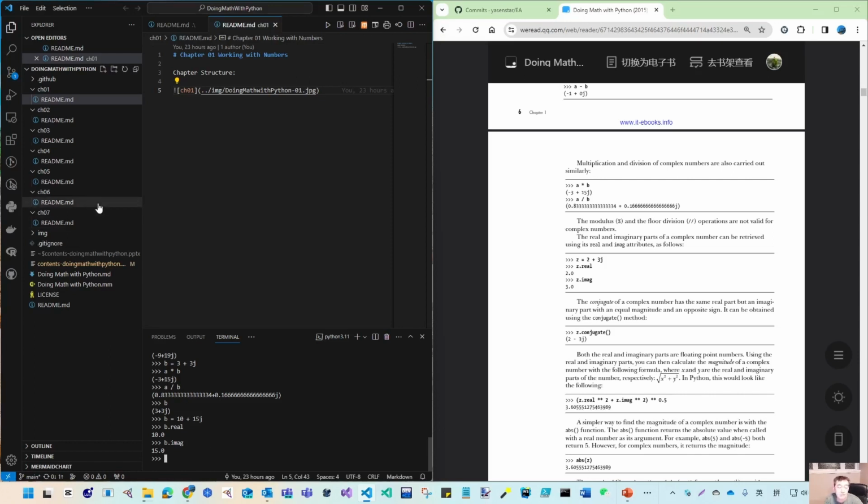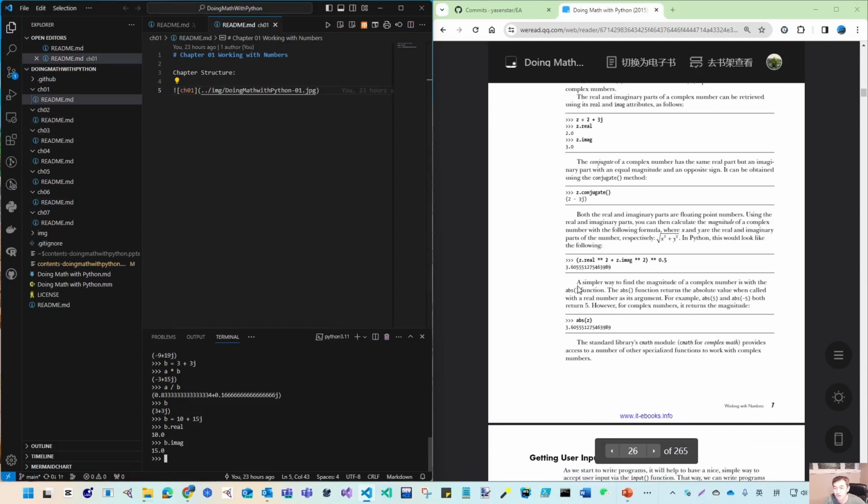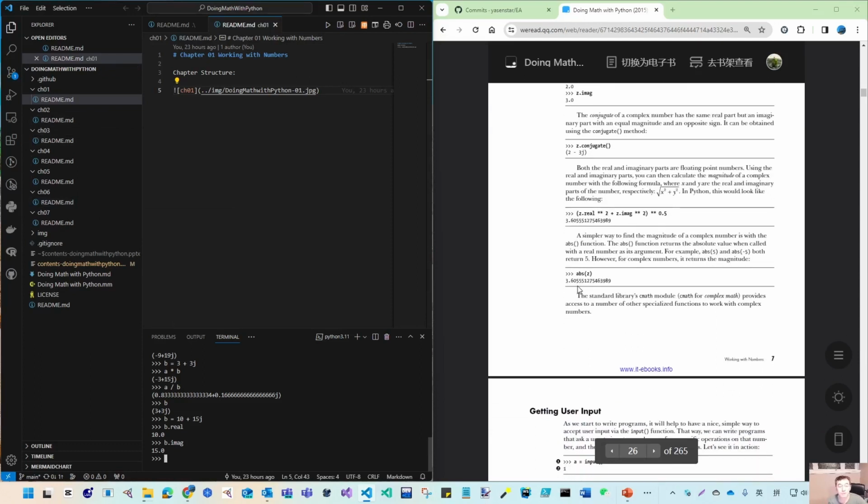Just try to remember these two attributes, but you don't need to quite remember them. Actually, you can refer back to this book like a dictionary, or you can check the Python documentation. That is not a difficult thing.